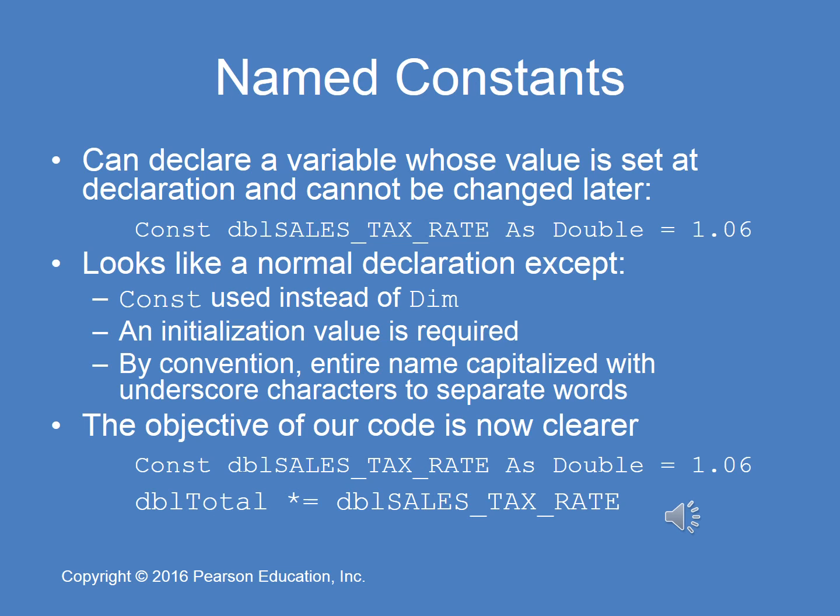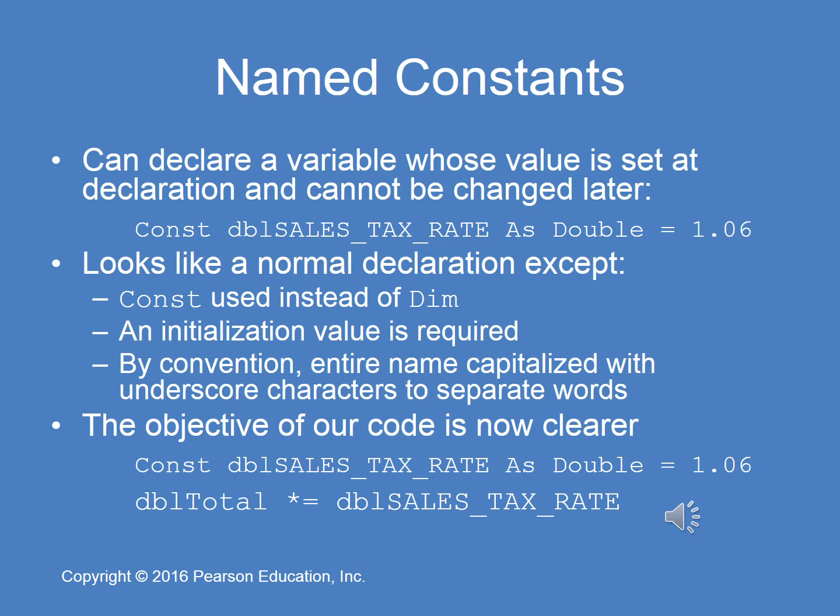So here's the syntax: Const dblSalesTaxRate As Double = 1.06. As you can see, Const is used instead of Dim. We're just declaring a Const. You must initialize the value when it's declared using Const. You can't say Const dblSalesTaxRate As Double without a value. You'll get an error. Okay?